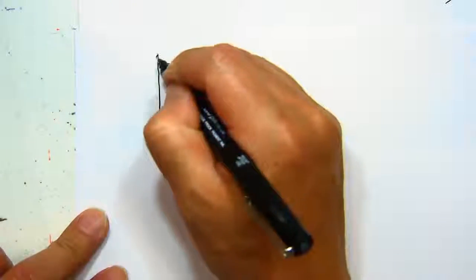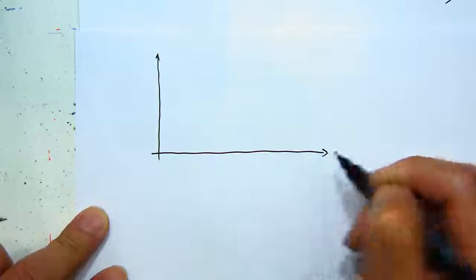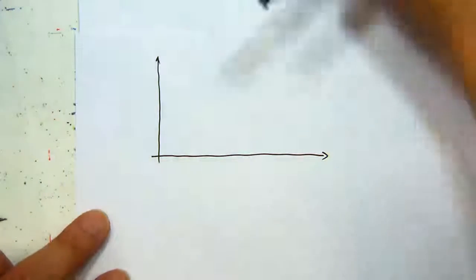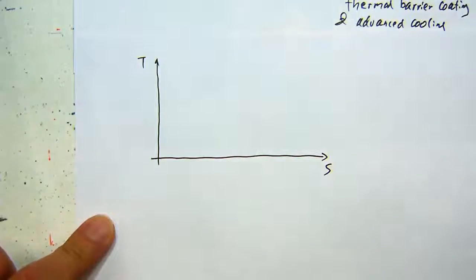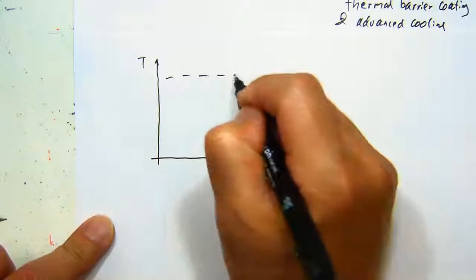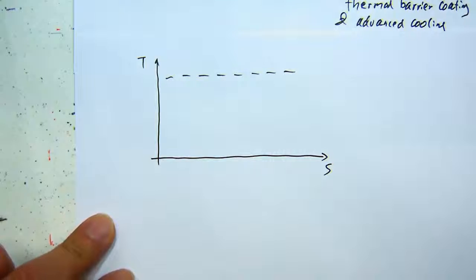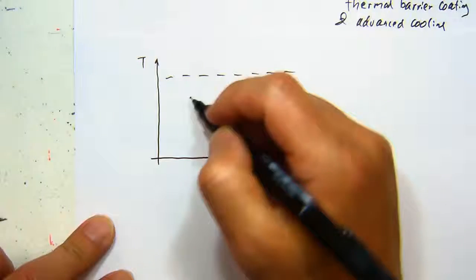So that's the TS diagram I'm going to draw here. Let's say we already reached the threshold for the turbine inlet.